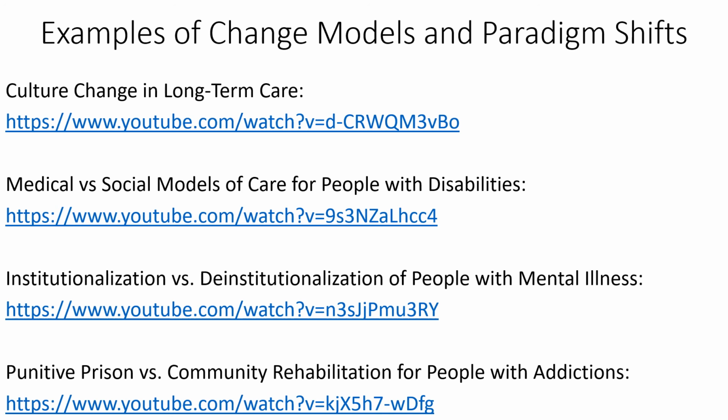Okay, another example that is posted on Canvas is the DARE program, the Drug Abuse Resistance Education Program. Many of you probably experienced that when you were in elementary school. The main goal was to deter people from experimenting with drugs or alcohol and preventing all of the complications that come from that down the road.